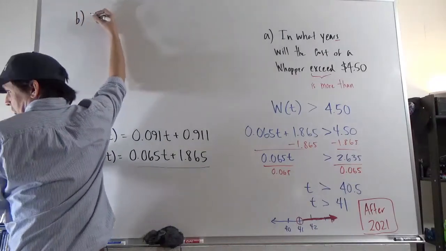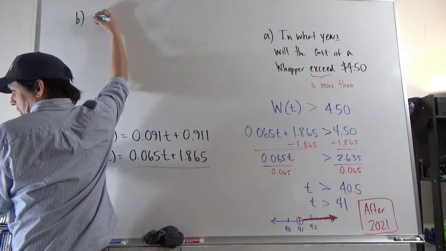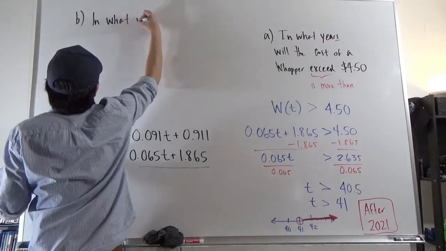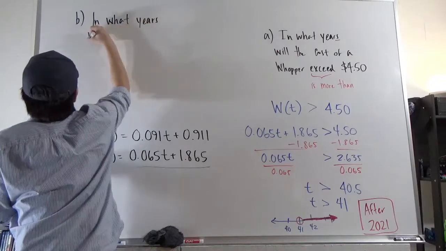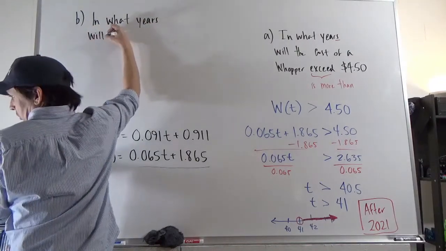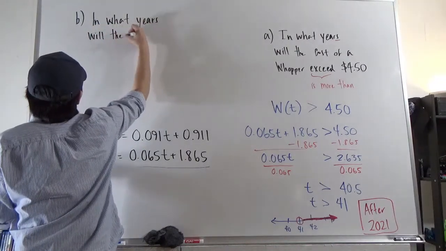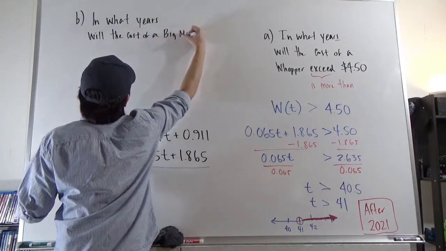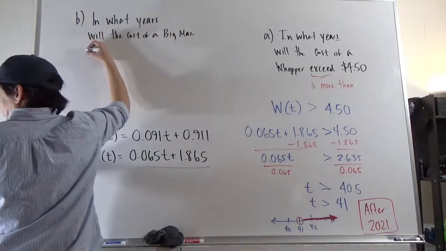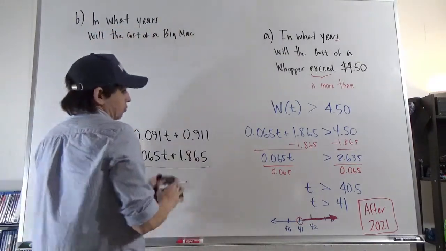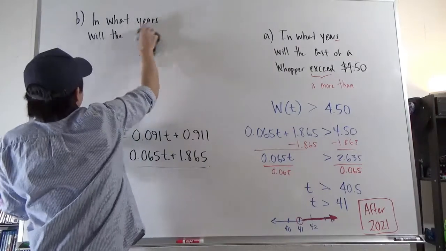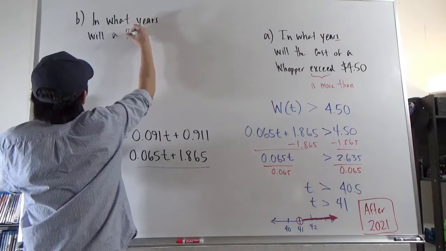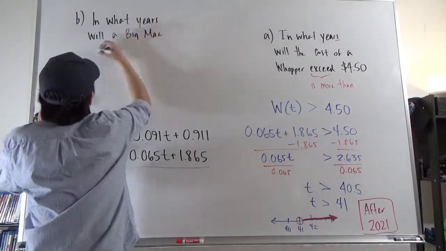This one's not going to be as intuitively easy to figure out, but in what years, plural, will the cost of a Big Mac, or sorry, I don't want to use the word exceed twice, but I could say that. Will a Big Mac cost more than a Whopper?